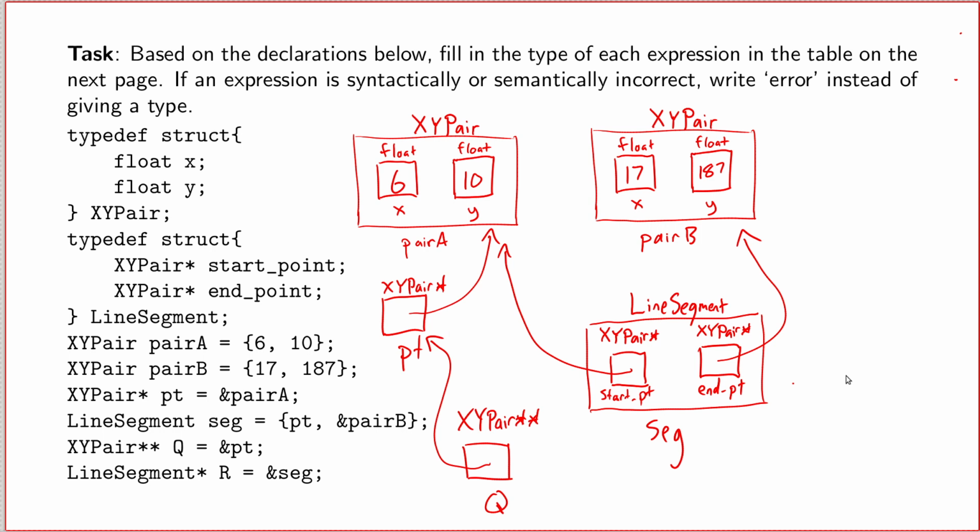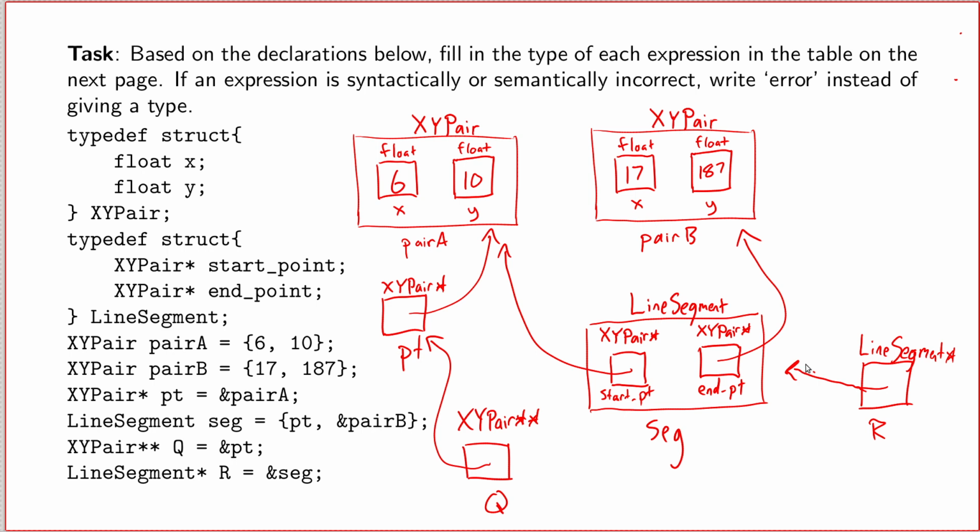Then finally we have this variable R. We'll put that over here. R contains an arrow pointing at my line segment from earlier. There we go.